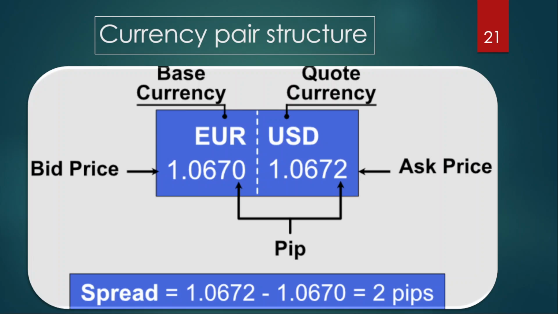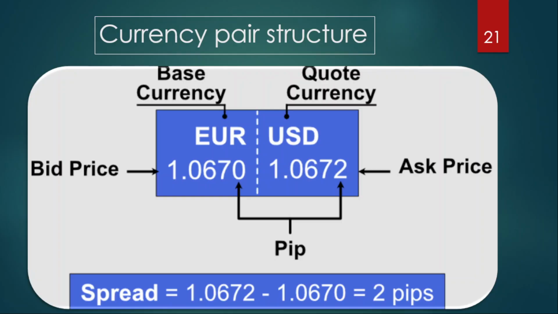Suppose, for example, the price was at 1.0627, then the price moved to 1.0672. It will simply mean that the price has moved 45 pips.